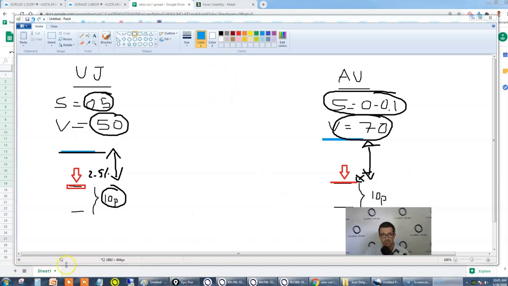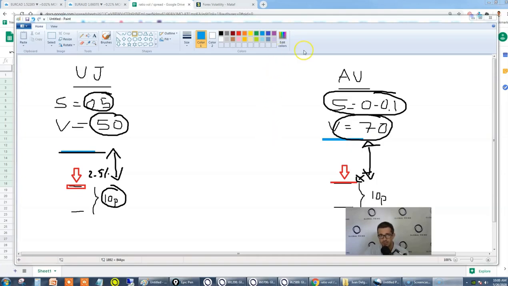Okay, so hopefully this is a clear example of which market out of the two represents a more attractive ratio when accounting for volatility versus the spread.